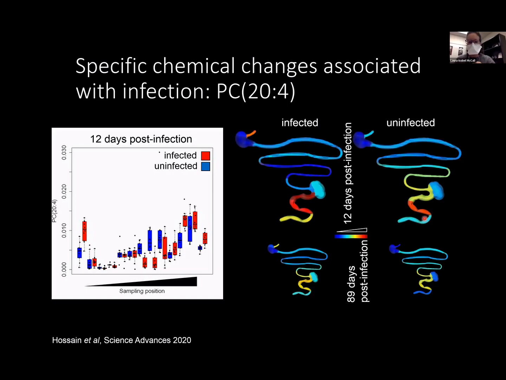What's interesting, and something that we would have missed if we weren't doing a spatial analysis, is that in the small intestine, we actually have the opposite pattern, where we have a decrease in this same lipid with infection compared to uninfected samples, showing that for one particular molecule, you can have spatially divergent effects of disease.